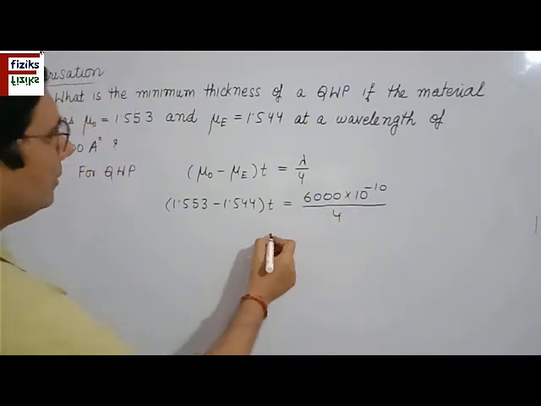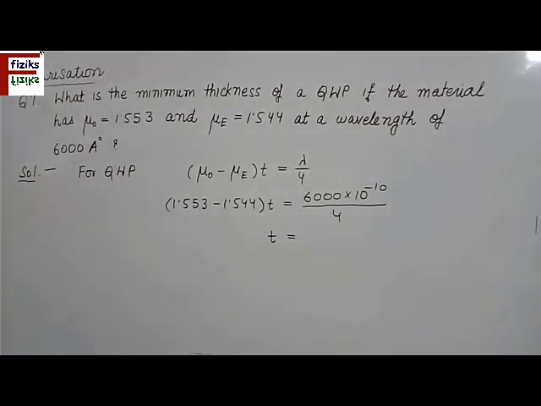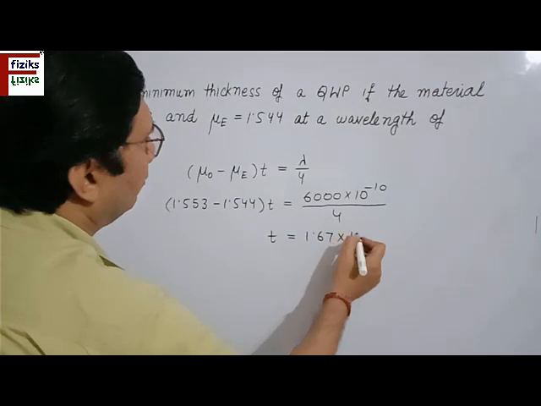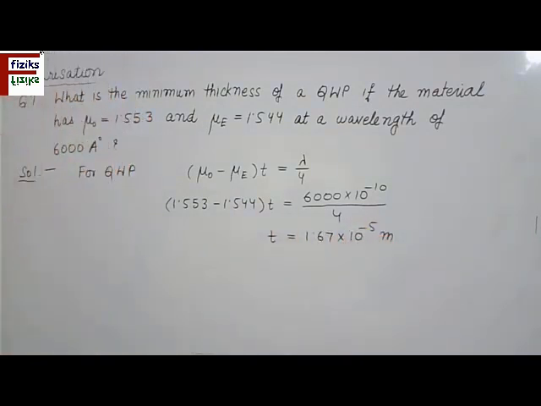If we solve this, then we can find out that T comes out to be 1.67 into 10 to the power minus 5 meter. On solving this with the help of calculator, you can find out that thickness of quarter wave plate comes out to be 1.67 into 10 to the power minus 5 meters.